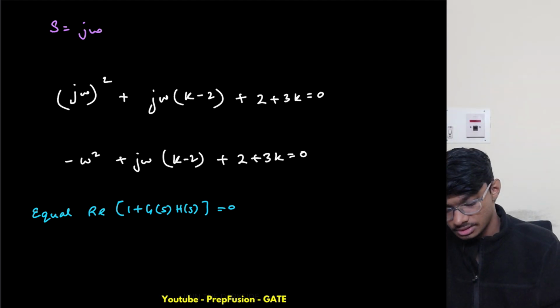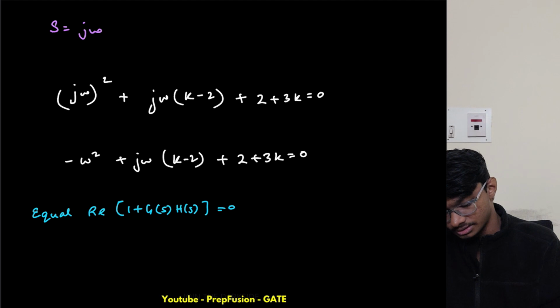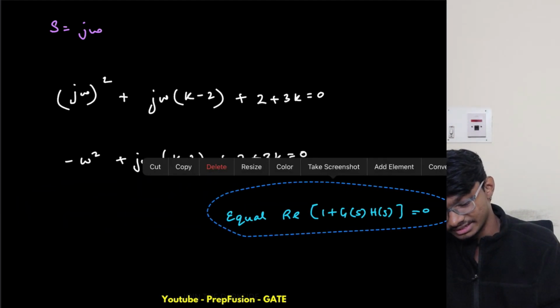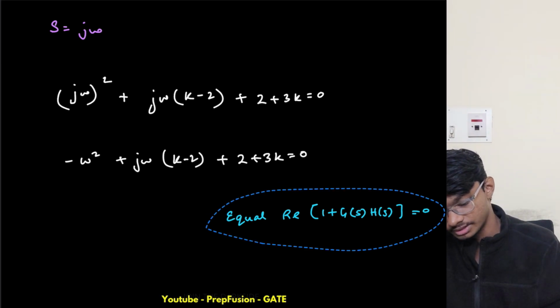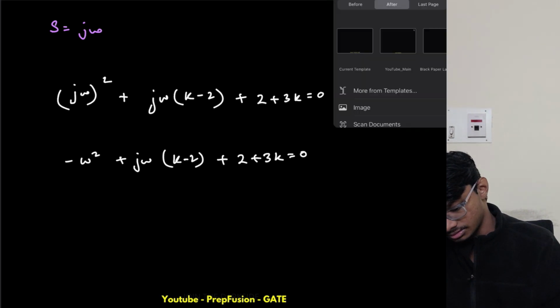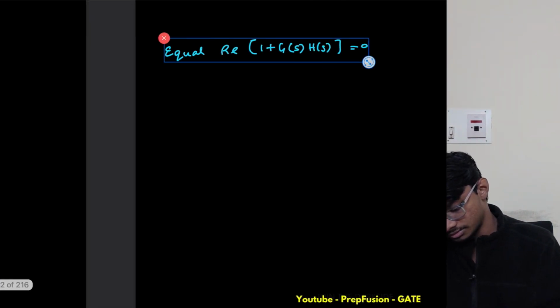So what is this? Equating the real parts is okay, but I can't equate the real parts first because I have to equate the imaginary part first. From there I will get the value of k. Sorry, let me copy this one here.